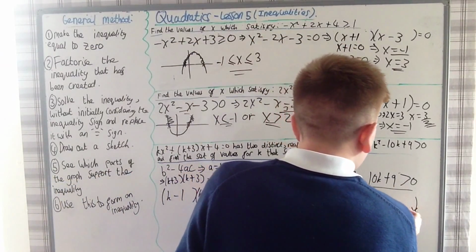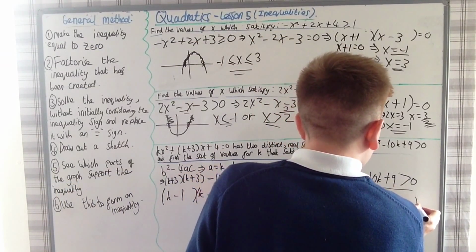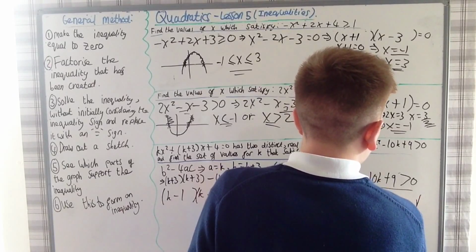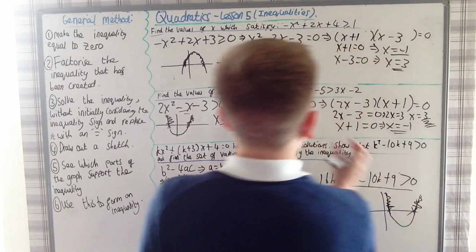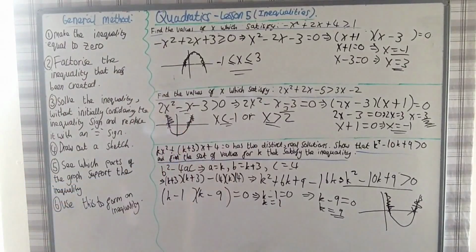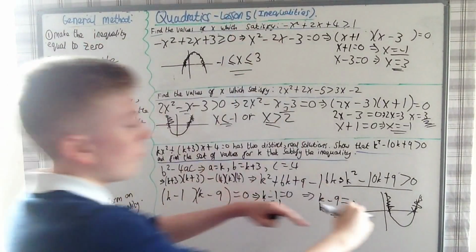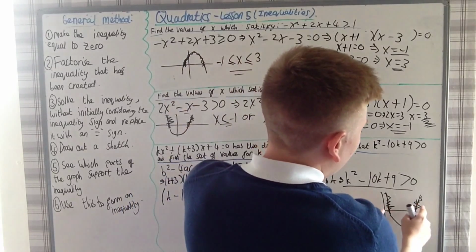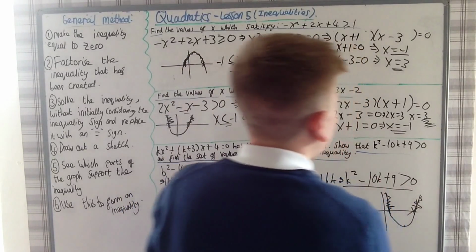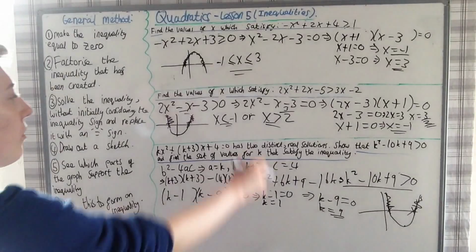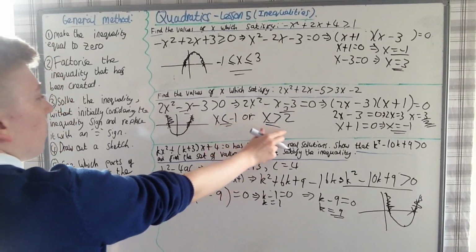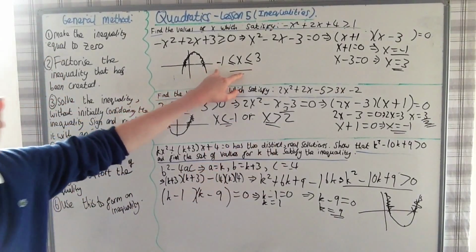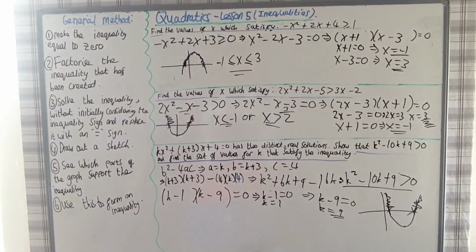Now I'll draw this more clearly so you can see that actually the points are going to be diverging. It's these points we're looking at. And once again, it's the points that are diverging. They're moving outwards rather than converging to the minimum point. So if we're looking for the parts greater than 0, these parts here, then again it's going to be an inequality with separate ways of setting it out, rather than writing it together like we did in the first example.